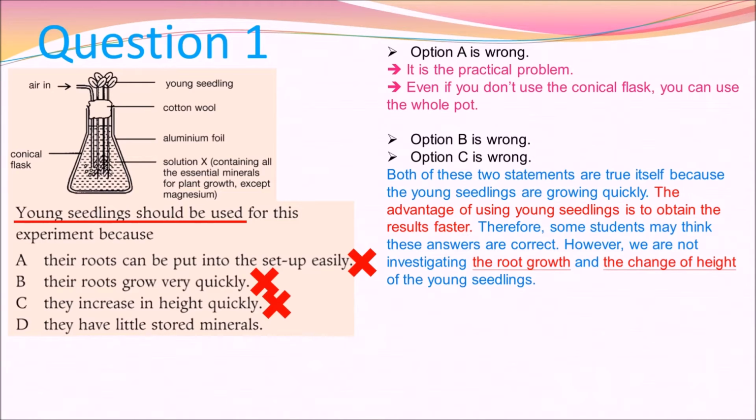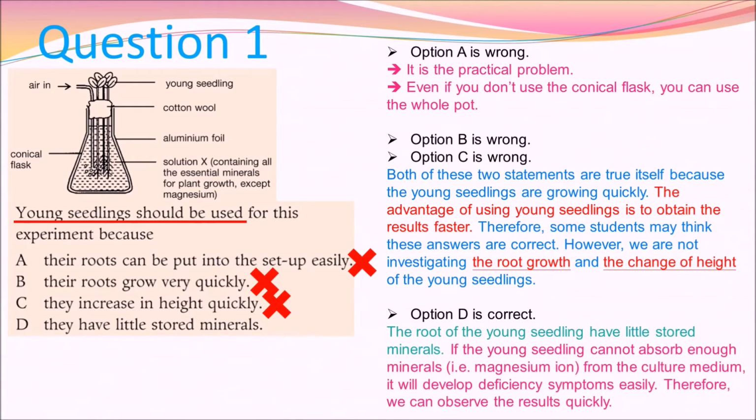The same case, if you only choose option C, increase in height, someone may also challenge you: why do you only consider the change of height? So what about the number of leaves? The size of leaves? The color of the leaves? They are also the growth condition of the young seedling, right? So that's why B and C are not comprehensive enough, and they are also wrong.